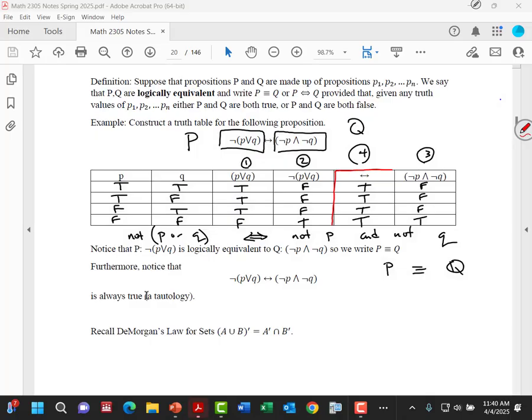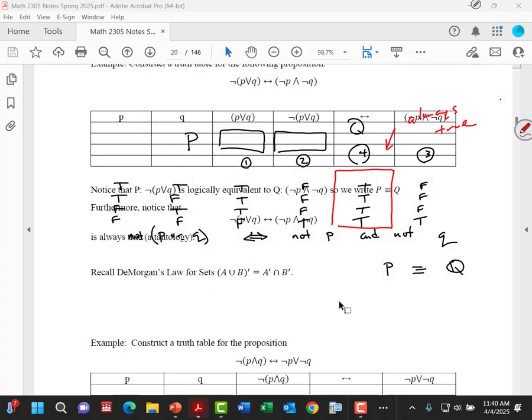Now, notice that this is true always, and so we would say that this is a tautology. This column right here, this biconditional connector, is always true, and so we have what is called a tautology. Now, this shouldn't come as a shocker if we remember De Morgan's laws for sets. This one right here says A or B complement.